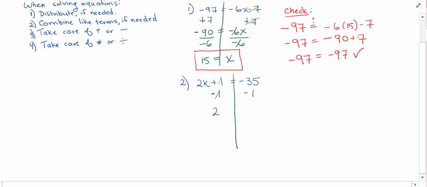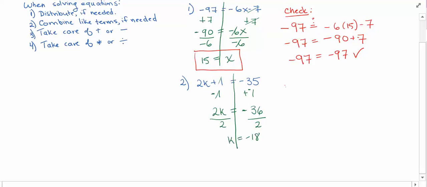So we're left with 2k equals negative 35 minus 1. If you need to, change the sign to addition and add the opposite. So negative 35 plus negative 1, like signs, so add it up and keep the sign. Next, you want to get rid of the 2. You have multiplication going on, so hopefully you realize you want to divide both sides by 2. Therefore, k equals negative 18.